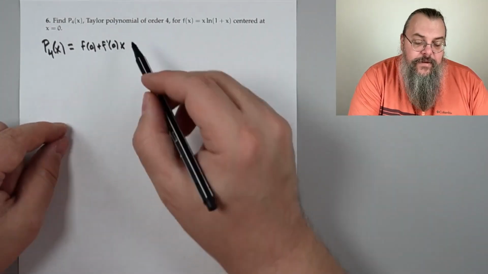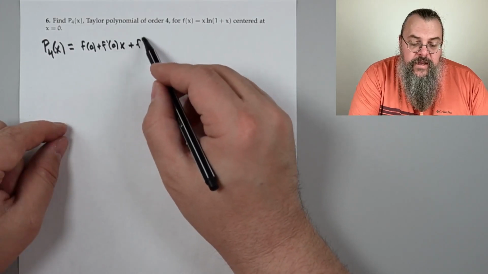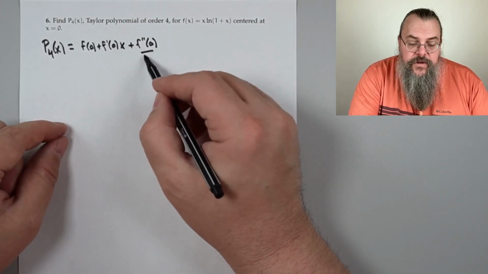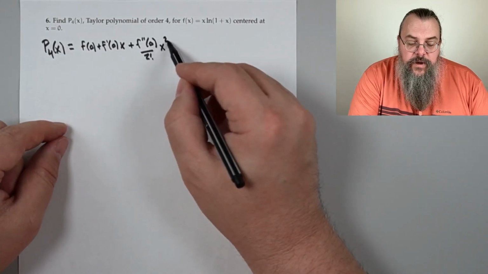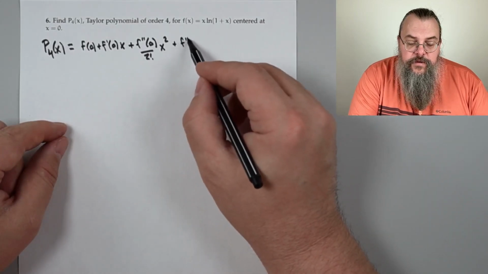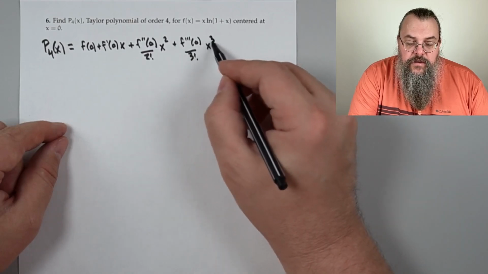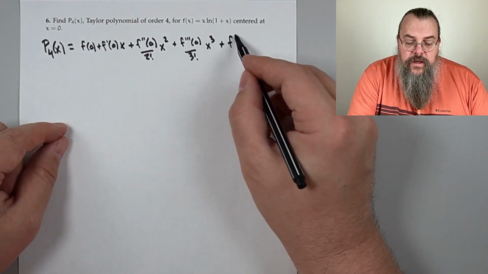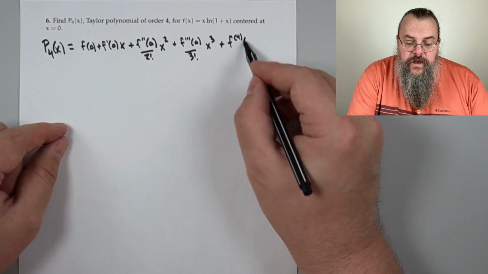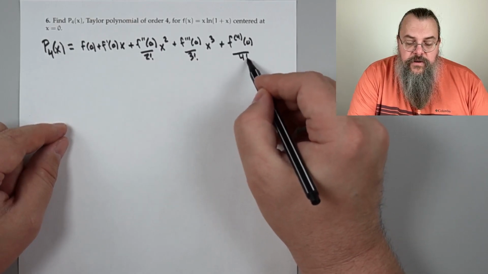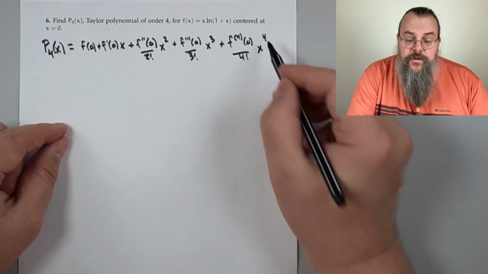It's times x plus f double prime of 0 over 2 factorial x squared plus f triple prime of 0 over 3 factorial x cubed and f fourth derivative at 0 over 4 factorial x to the 4th.